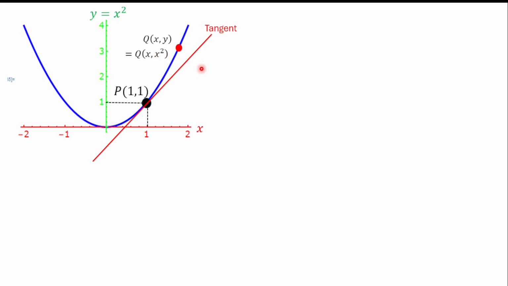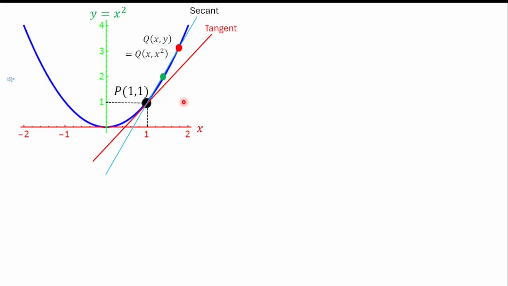And if I draw a line passing through points P and Q, it is a line like this one. And since this line is touching the curve at 2 points, it is a secant line. And by no means is the slope of this secant line equal to the slope of the tangent line at point P. So what if I shift the position of the point closer to point P?